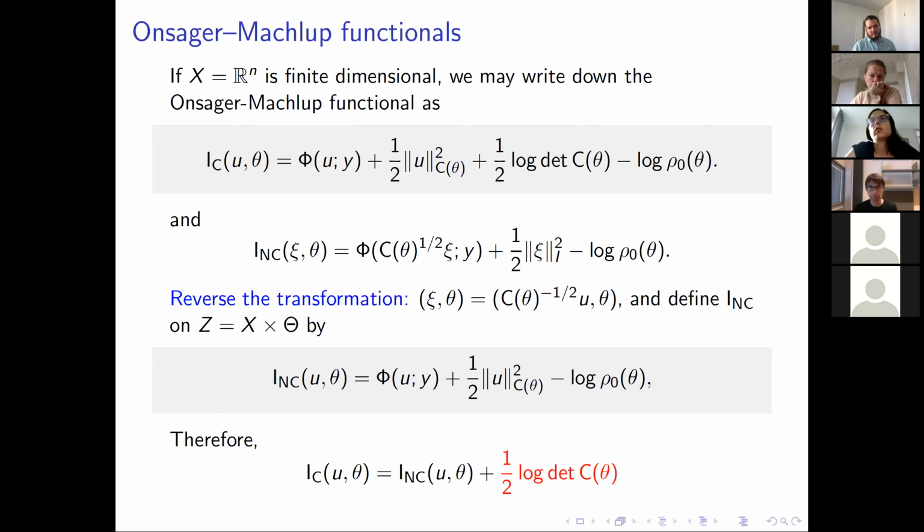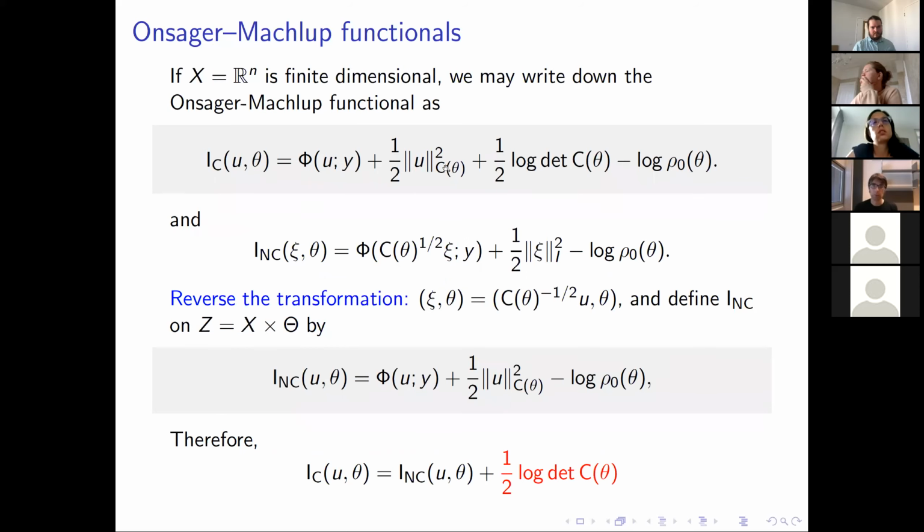MAP estimators minimize so-called Onsager-Machlup functions, or energy functions as you like. For the centered, so the original, parameterization, we have the following form.